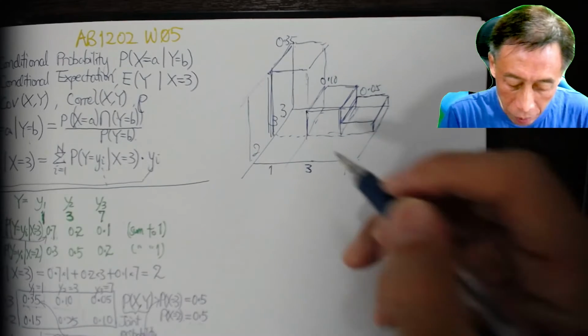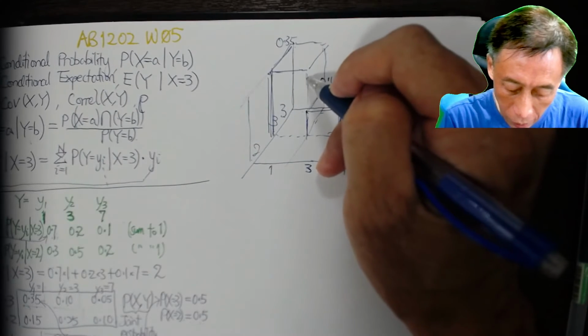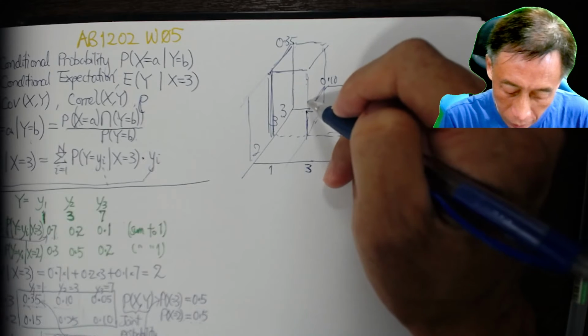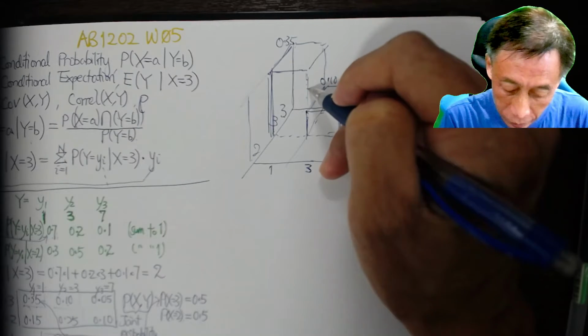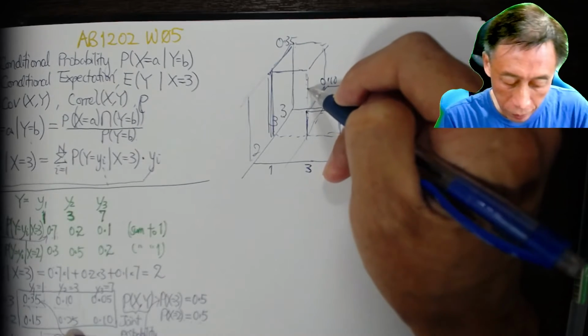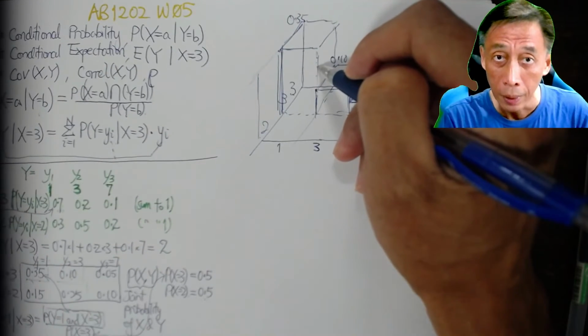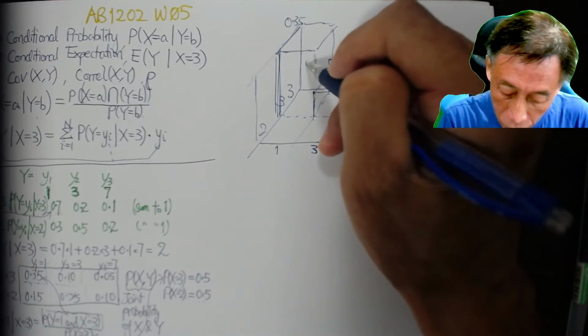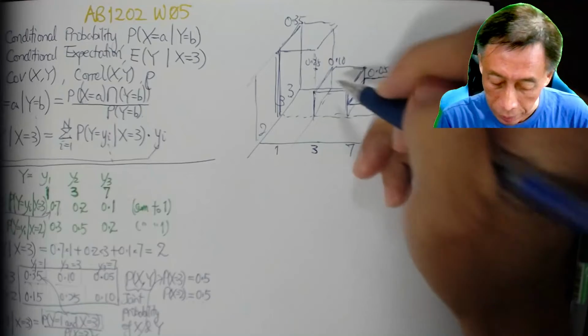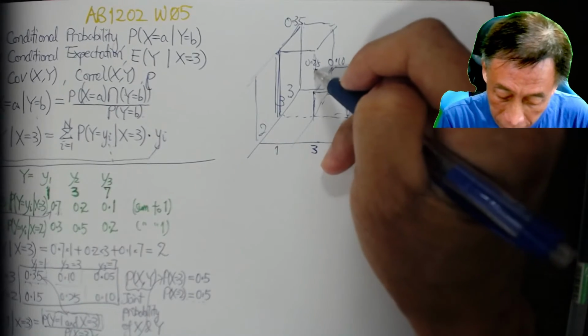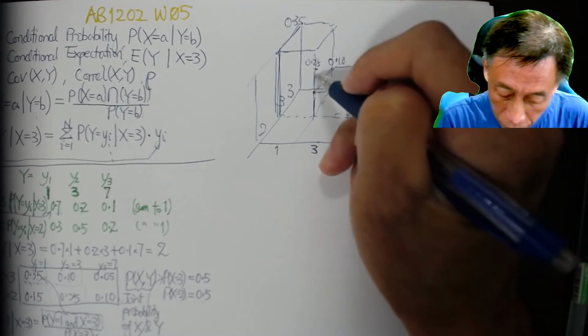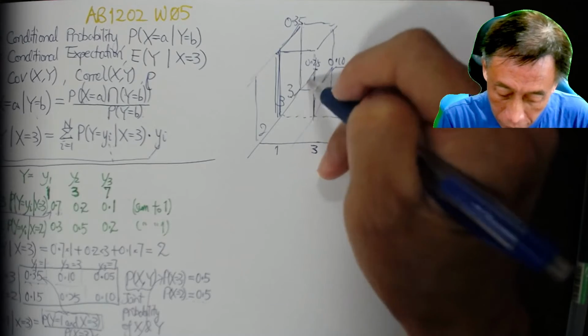And then we can, of course, show 3, and this is 2, 1, so 2.5 is here, and the 0.25, we show the 0.25 here. This is 0.25 height, and this is extending to the front.